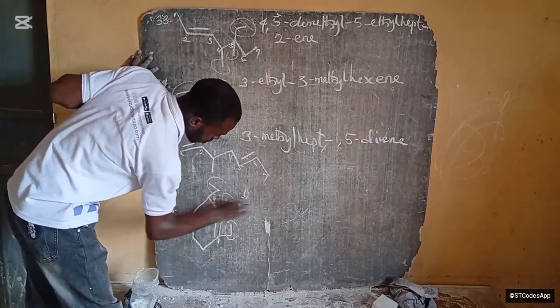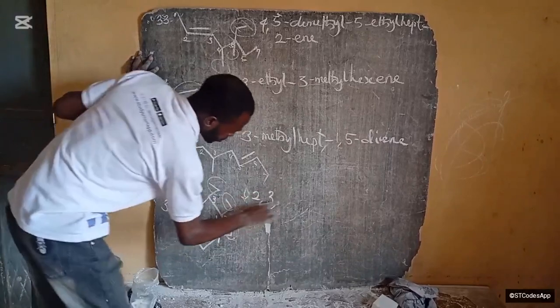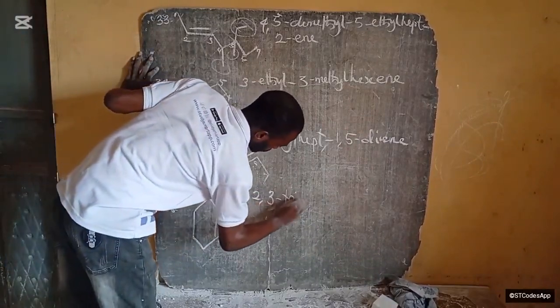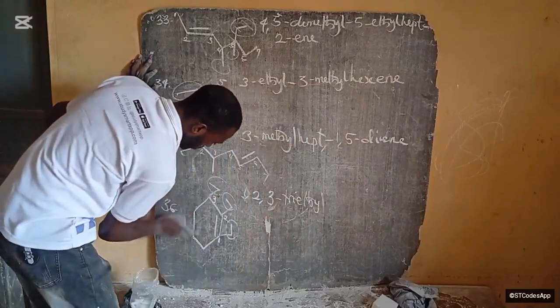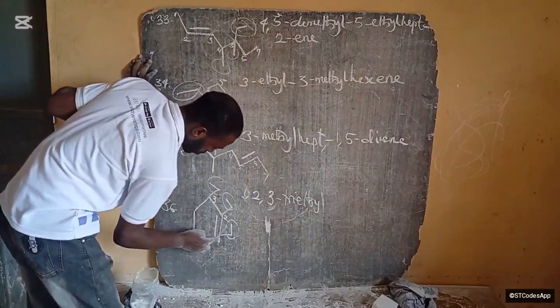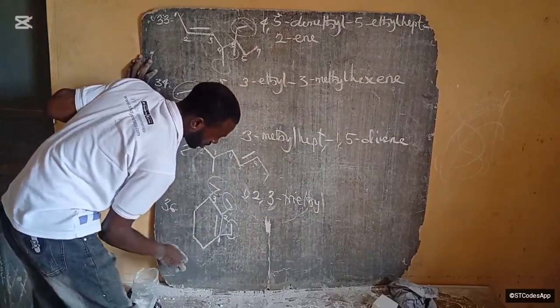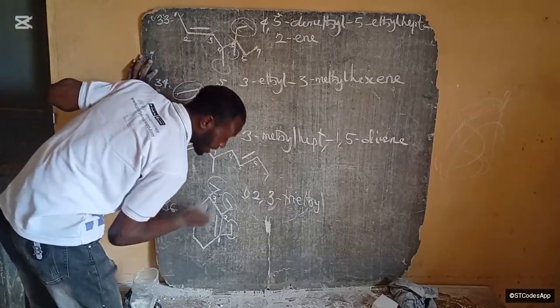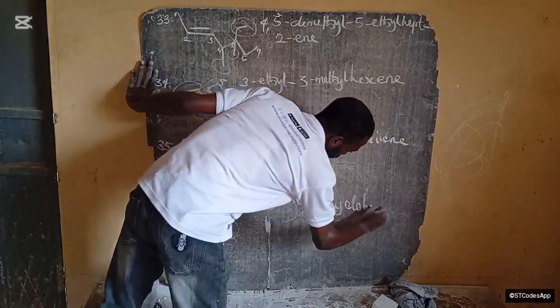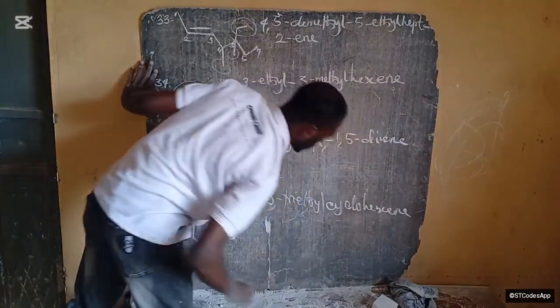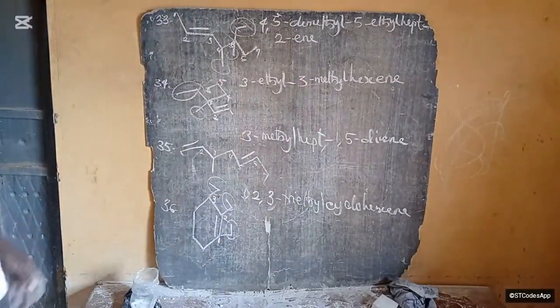So 1, 2, 3 triethyl. 1, 2, 3, 4, 5, 6. Hex. Cyclohexene. Don't forget that. Alright. Cyclohexene. Okay? So let's go on to naming bicycles.